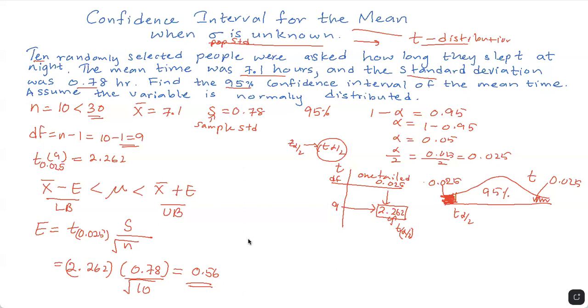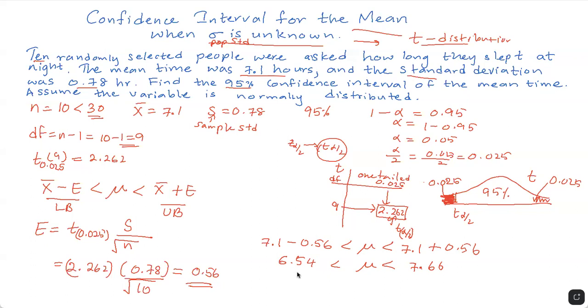Now let's construct this confidence interval. x bar, the sample mean, is 7.1, minus 0.56, less than the population mean time, less than x bar 7.1 plus the margin of error 0.56. So this value is 6.54 less than my population mean time less than 7.66.